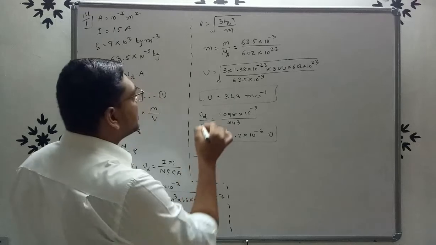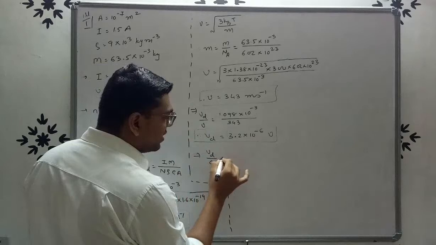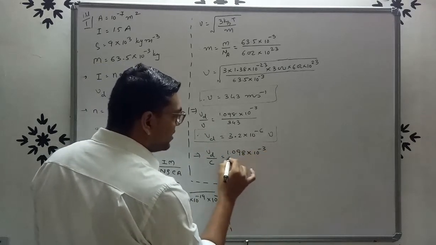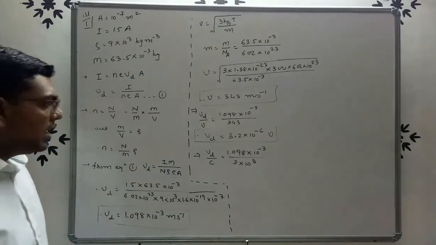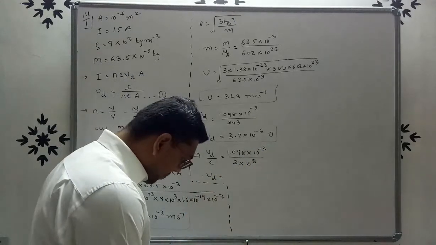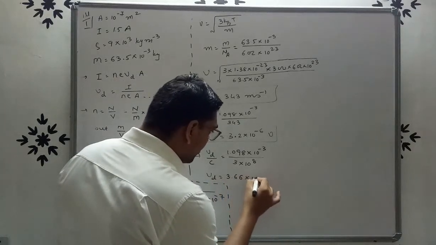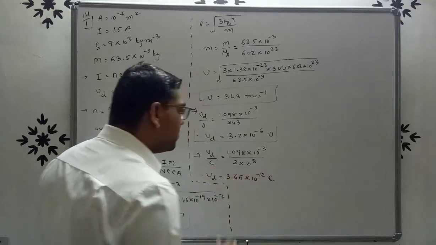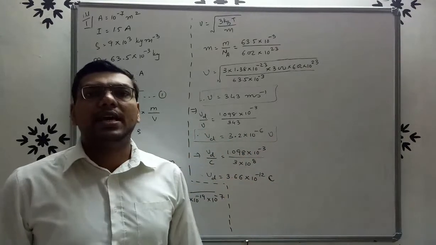So this is the first case and this is the second, we have to compare Vd by c. We know the value of Vd, 1.098 into 10 raised to minus 3 divided by c, that is 3 into 10 raised to 8, right? So if we take the ratio of this, then we will get Vd is equal to 3.6 into 10 raised to minus 12 c, right? So this is the comparison between Vd and v and Vd and c, right?